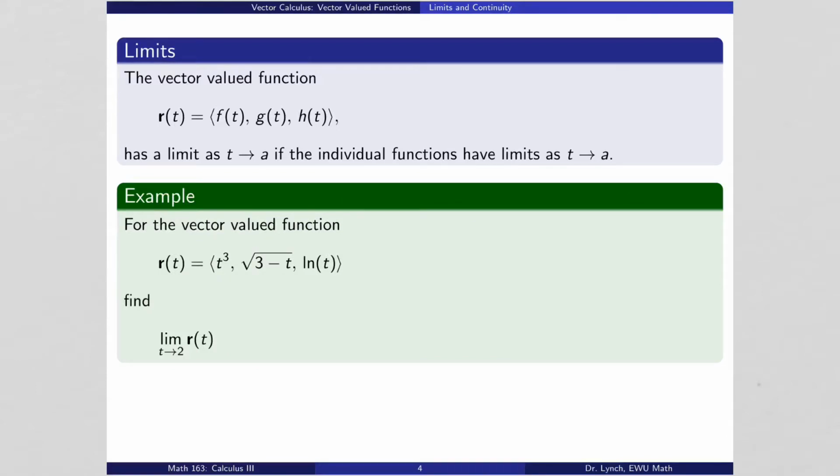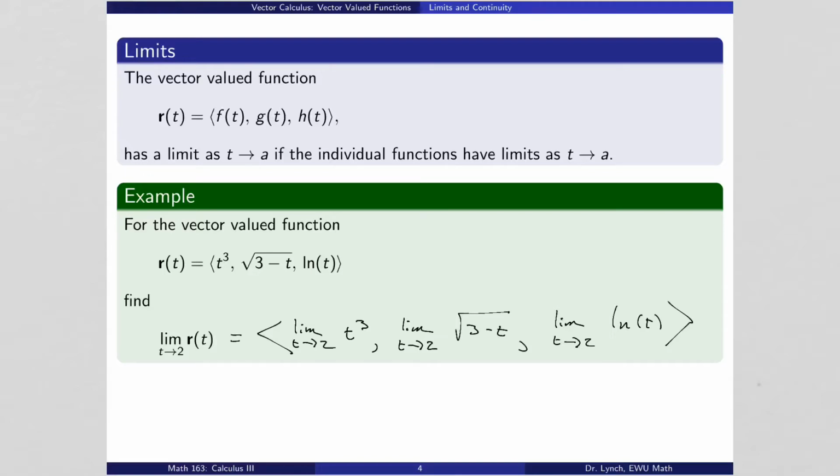Let's go ahead and find the limit as t goes to 2 of this vector-valued function r of t. Again, we'll do that by just taking the limit as t goes to 2 of those individual scalar-valued functions that make up the vector-valued function. I'll write it out with some painstaking detail this time. The limit of the vector-valued function is the vector-valued function of the limits.